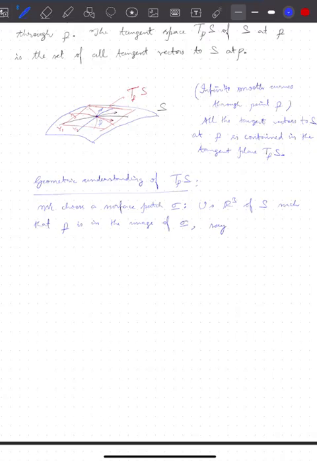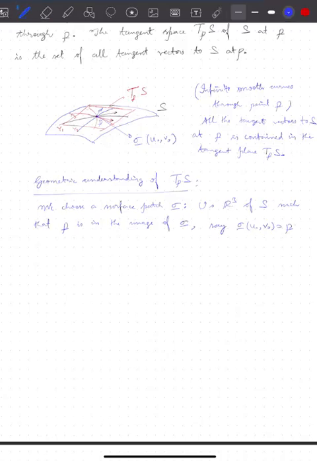Say this point here is sigma vector at (u naught, v naught), so sigma(u naught, v naught) is equal to P vector.